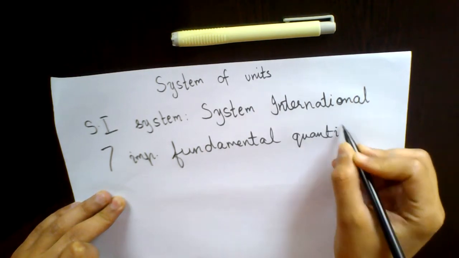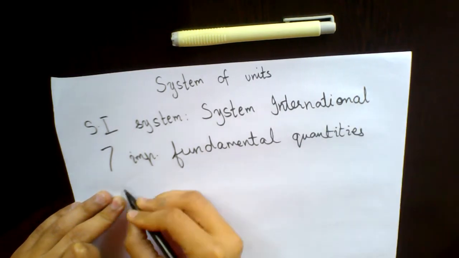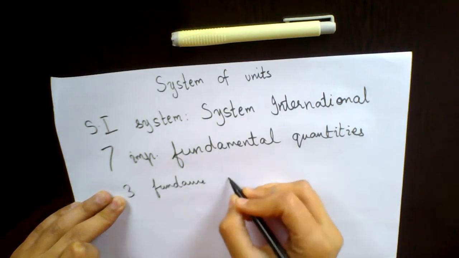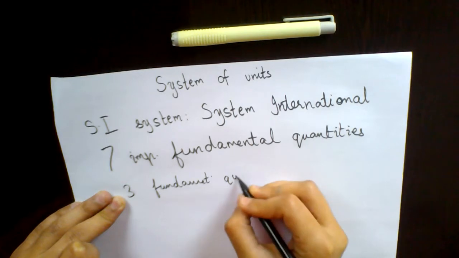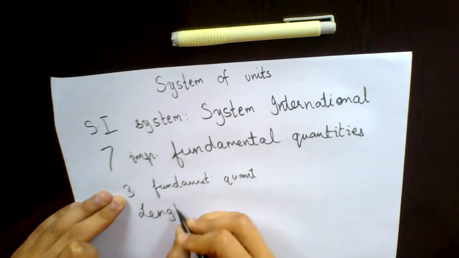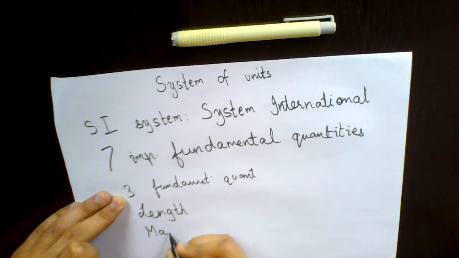Initially, Maxwell had given us only 3 fundamental quantities. And what were the fundamental quantities? They were length, mass, and time.